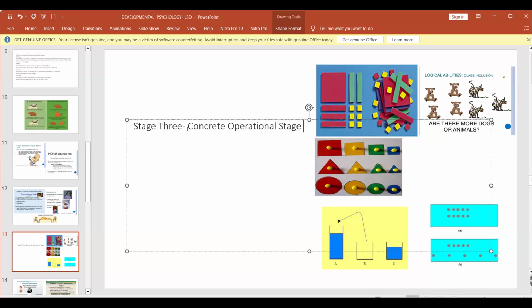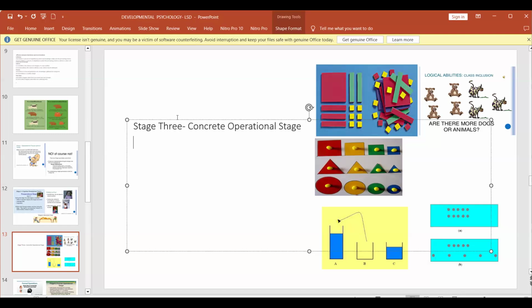Right. Now we move to the next. The third stage, during the concrete operational stage, what are the key features? Major, significant cognitive development happens during the third stage. I can give you several.